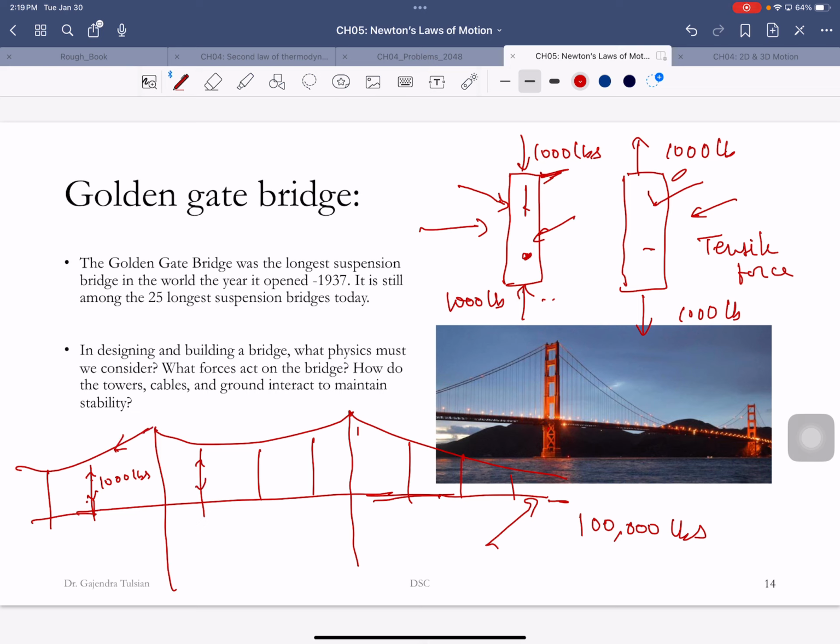They're pulling down on this thicker cable, and they are pushing this guy down. What is this force without any calculation? It's holding it down. 50,000 pounds.